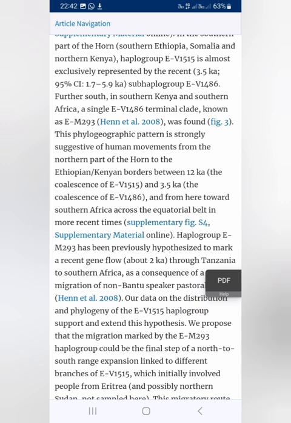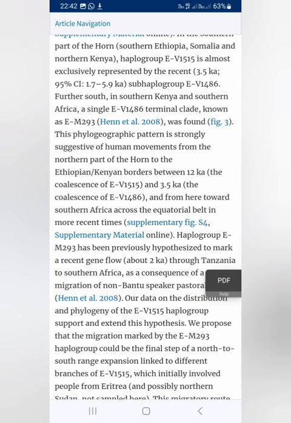This phylogeographic pattern is strongly suggestive of human movement from the northern part of the Horn to the Ethiopian-Kenyan borders between 12,000 years ago, the coalescence of EV1515, and 3,500, the coalescence of EV1486, and from here towards southern Africa across the equatorial belt in more recent times.